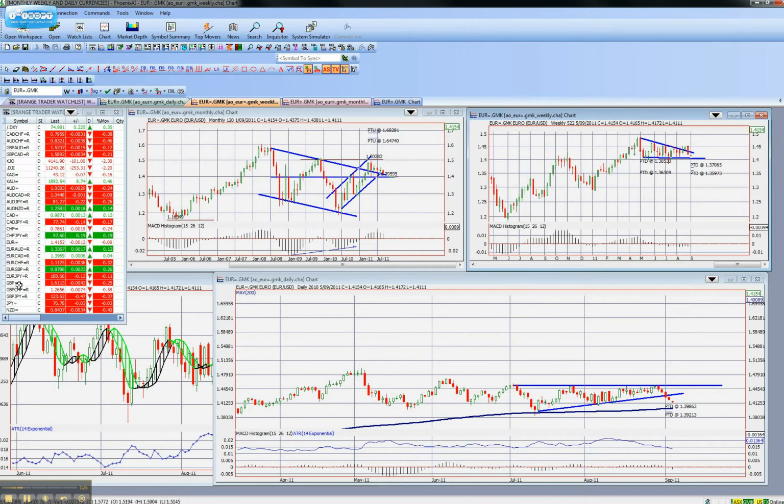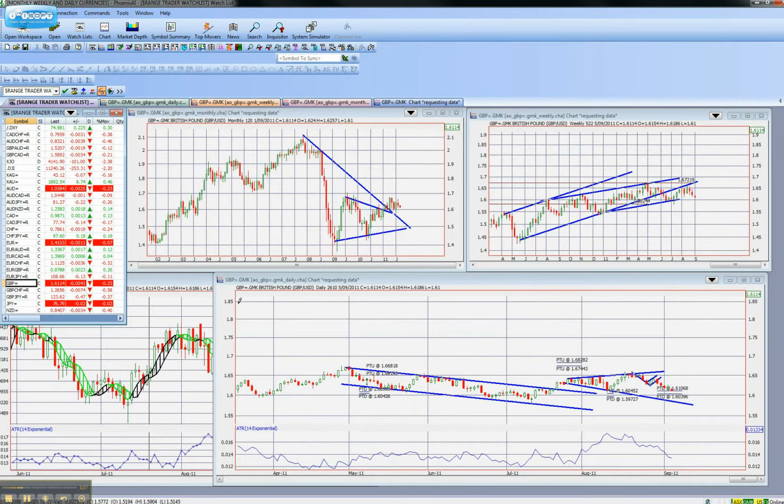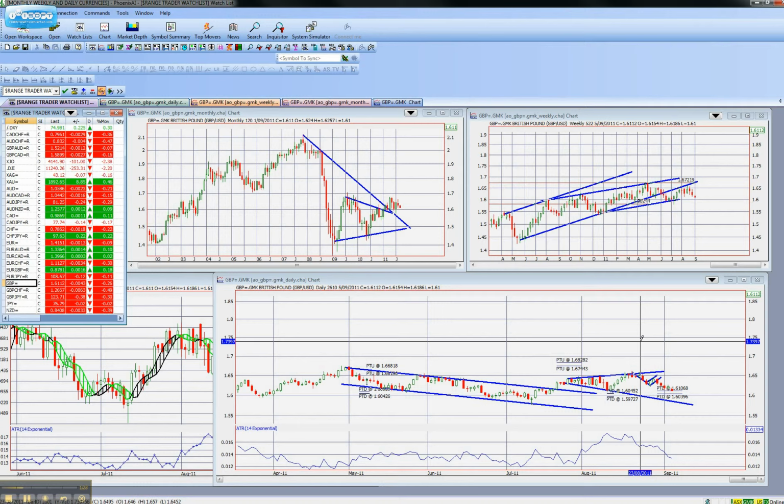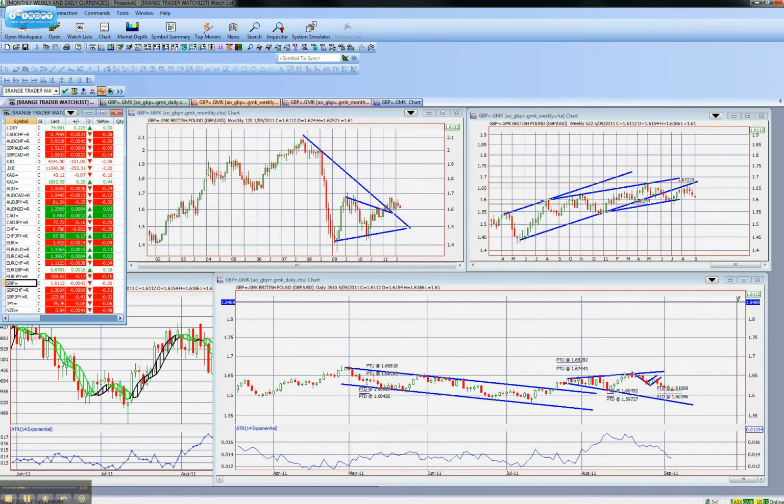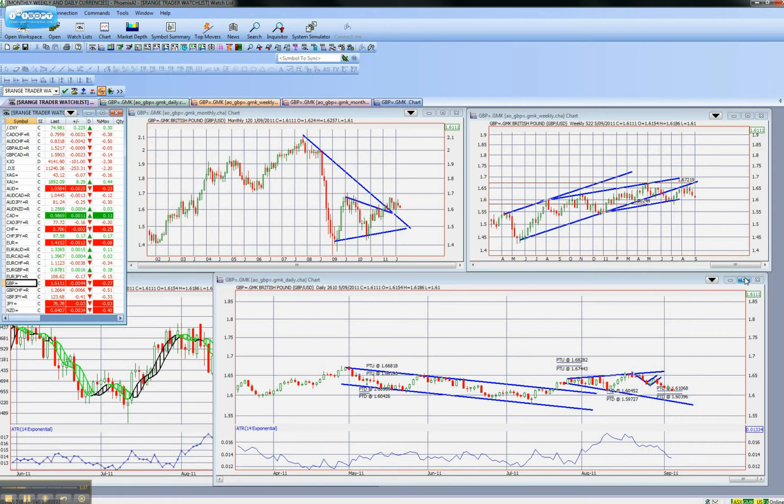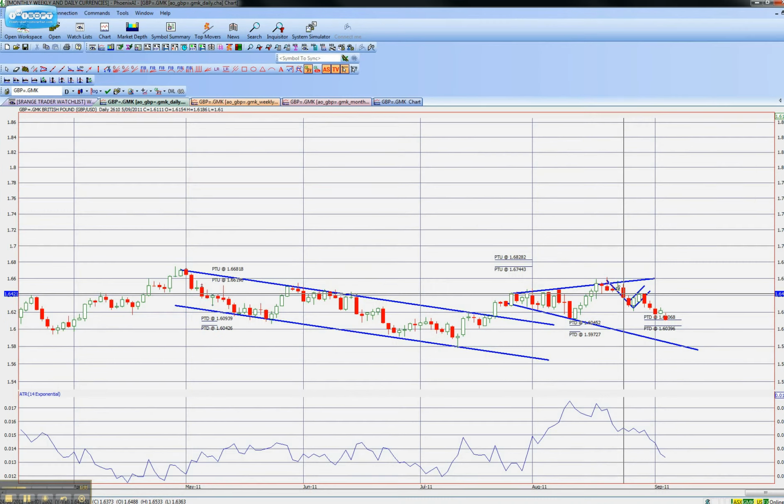I'll just show you this sterling one now, or cable if you want to call it that. Basically what we have here is, when we go to the daily, we had a bear flag and also hit its target. Now that was about 250 to 300 pips there.